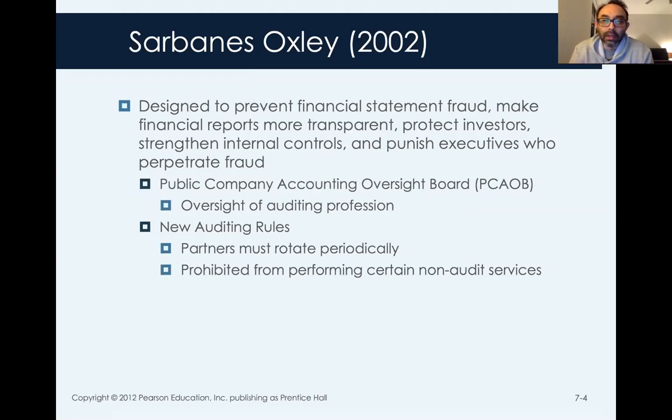And the auditors cannot do certain non-audit services. Again, this is more getting into the auditing part of it. For now, for exam purposes, know that you have a law called SOX, you have a body called PCAOB, and then they make sure that the auditors are in rotation every 5 years or every period.